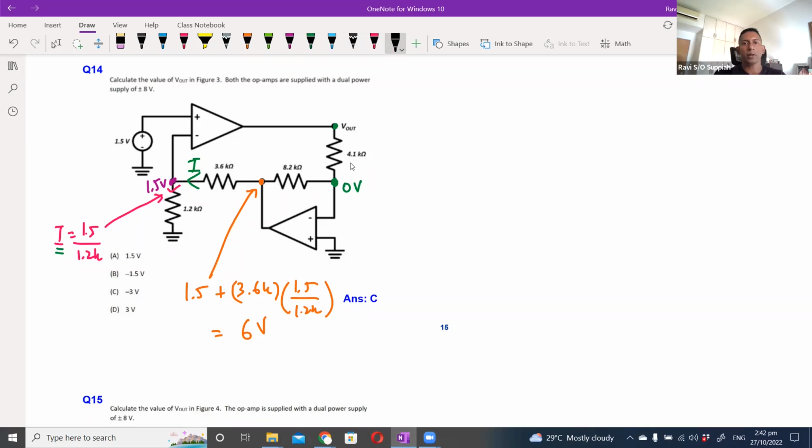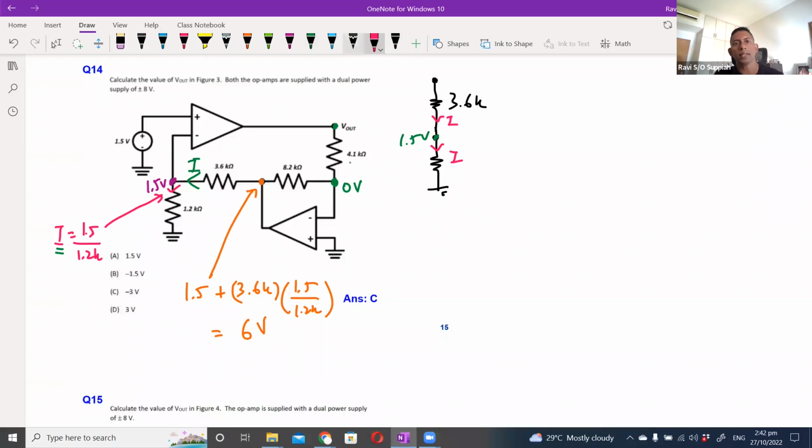So let me just draw it separately so you can see it. What I'm saying is, I have a 3.6K resistor here, and I have another resistor here. What we know is this point here is 1.5 volt, and I know that this current is I. Since there is no other branch for the current to flow, it is the same current here.